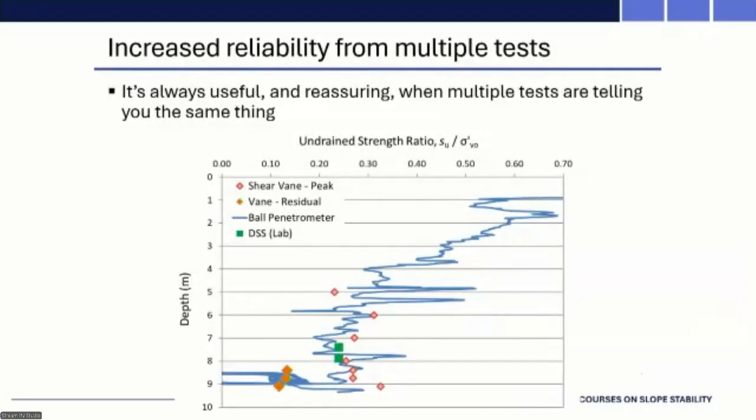And then, of course, it's always good to have more than one set of data. So here we've got a ball penetrometer, we've got shear vanes done at the right speed to get a peak, and we've also done a few direct simple shear tests in the lab. So the more data that you can use to confirm one set of in situ data, the better.